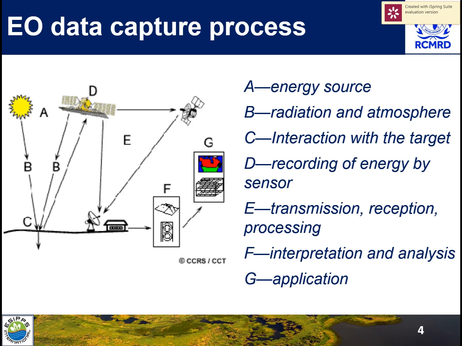Within the receiving station, the information that has been sent by the satellite is interpreted and analyzed. The interpreted and analyzed information is generated in terms of images, for example, or it could be in terms of maps, which are later used in applications of, for example, managing natural resources. They could be used in agriculture.